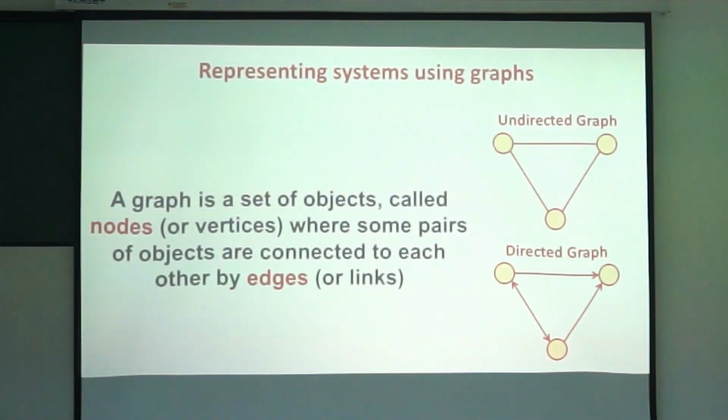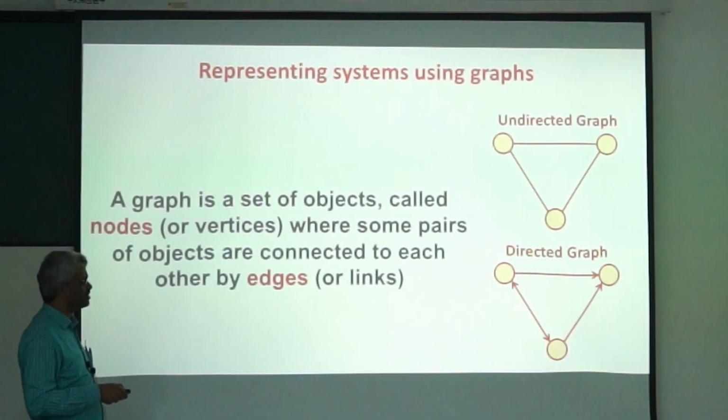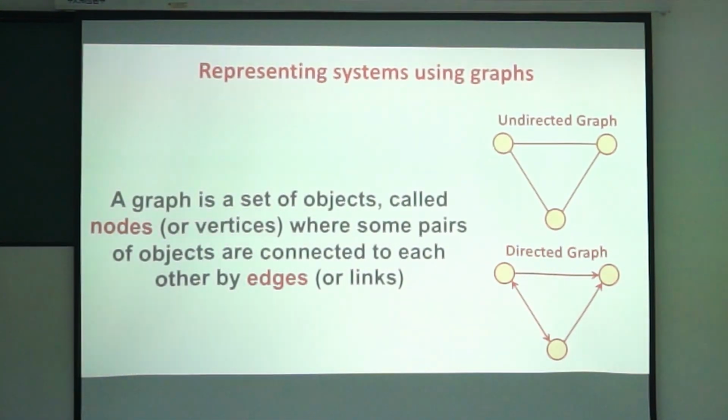So let's consider this as a graph. Let's consider these elements to be the different elements that are present. In this case, it could be molecules. And there are specific kinds of interactions between these components. A graph, as all of you probably know, is a set of objects called nodes, or vertices, and some pairs of them could be connected by what are called edges.